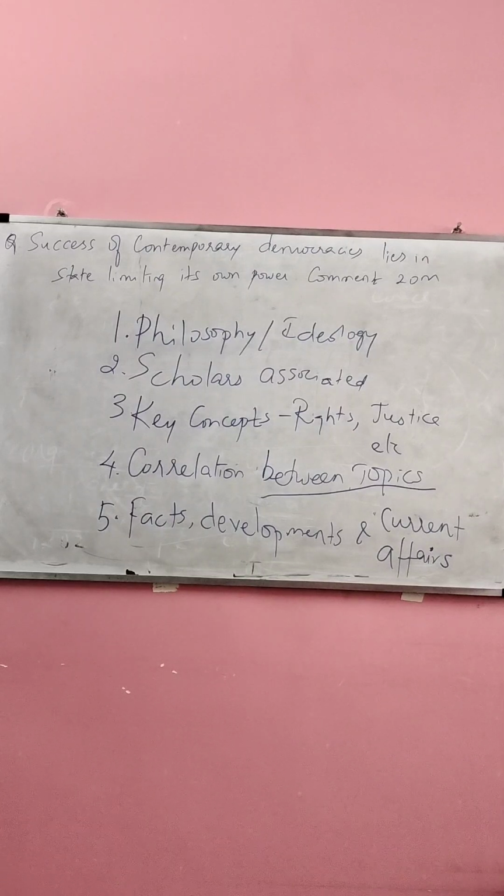Let me give an example. Paper 2. United Nations comes under the static part. You have to correlate with the recent developments and current affairs. India is trying to become a permanent member of the United Nations Security Council in the future. Now, certain other events may be associated. India is supported by 4 out of the P5 states except China. Right? So bring in the current affairs, facts and developments.